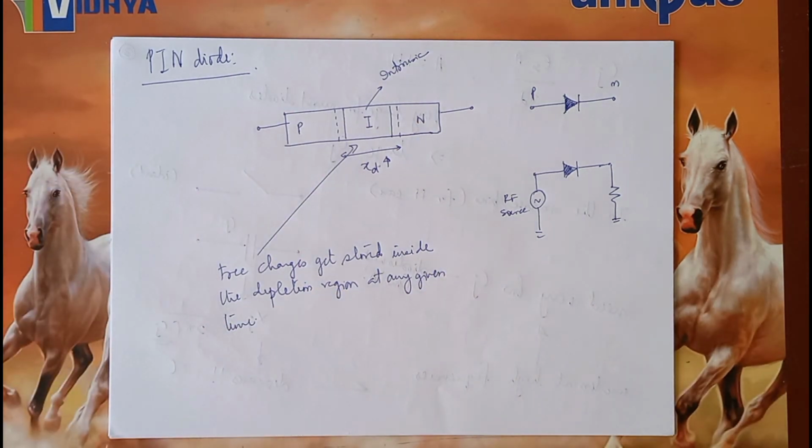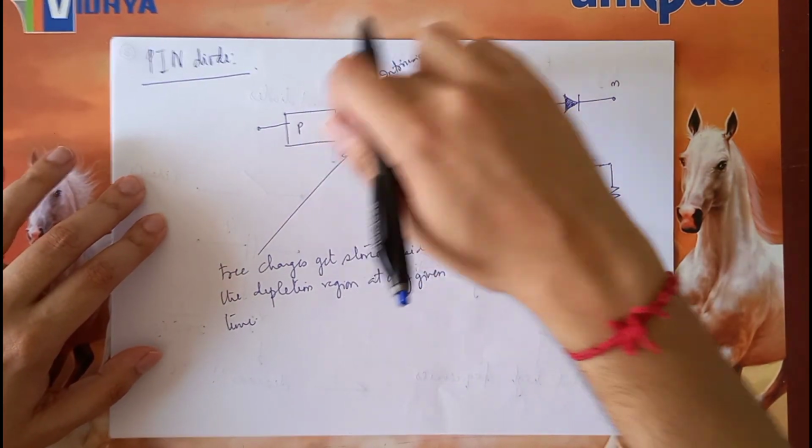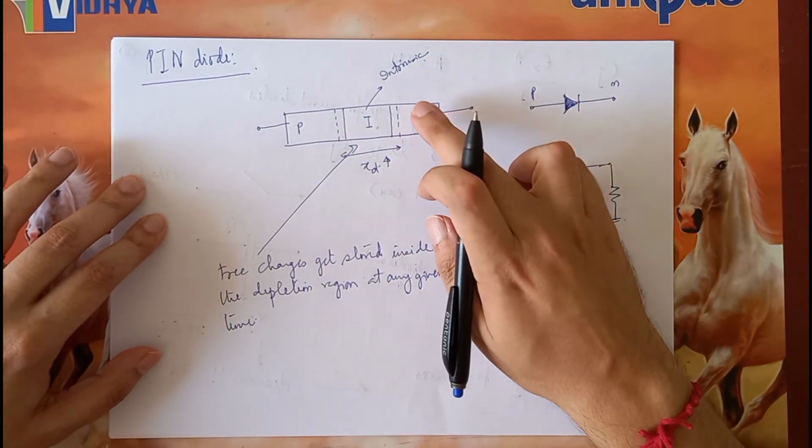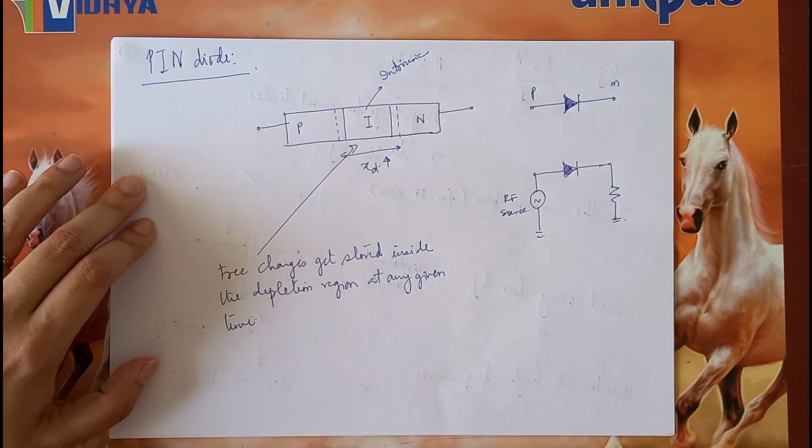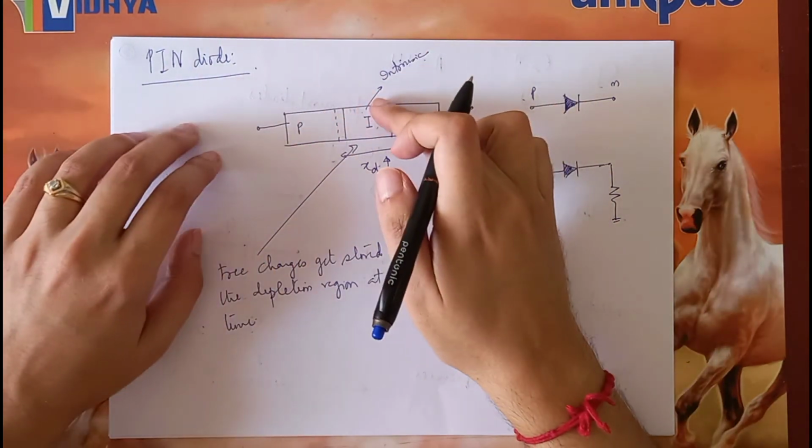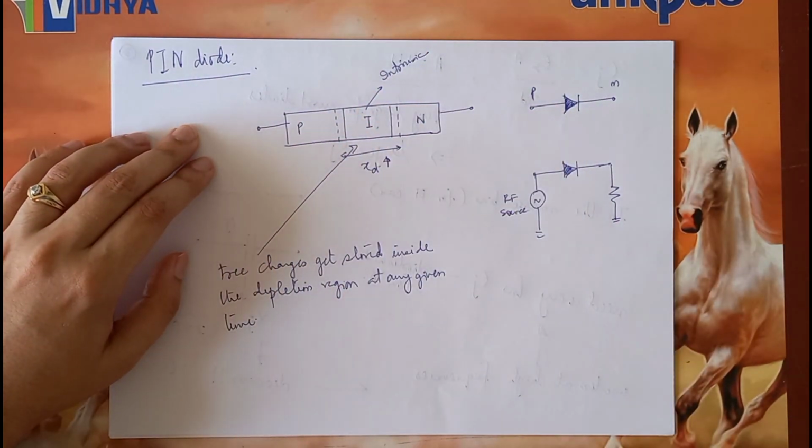So the free charges get stored inside the depletion region at any given time, which are trying to move. Let us say the holes are trying to move from P to the N side, the electrons are trying to move from the N to the P side. So at any point of time, there are a lot of these stored charges in this region.